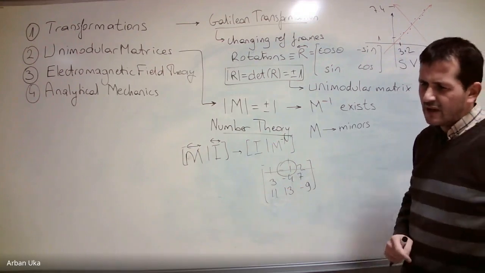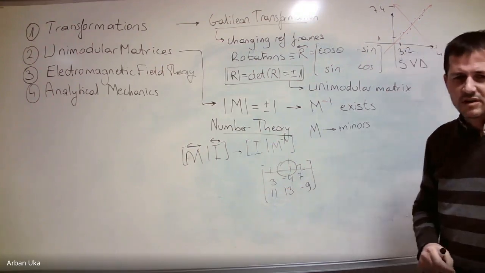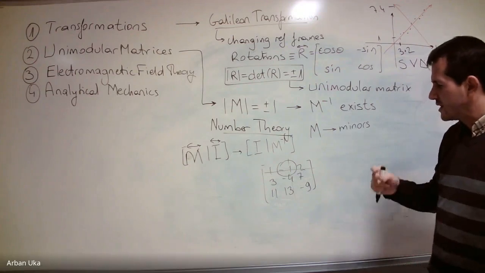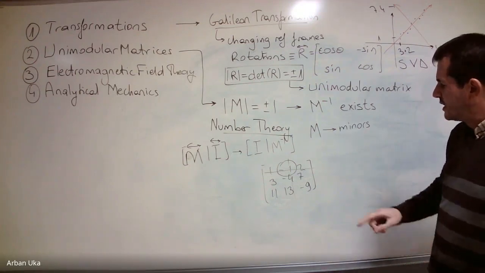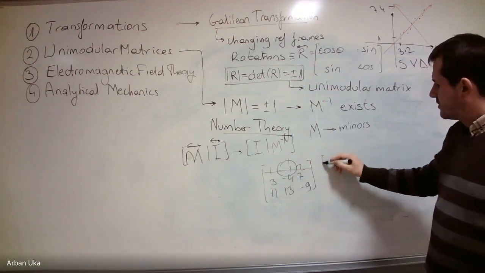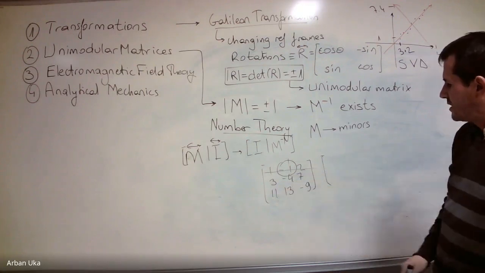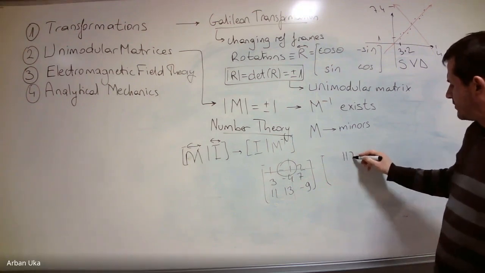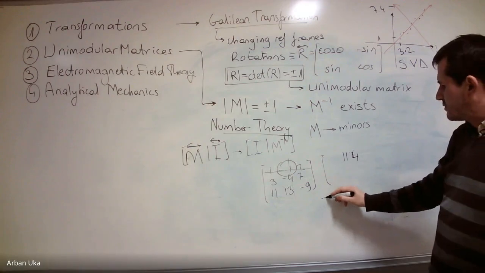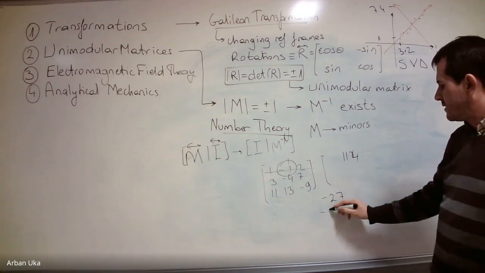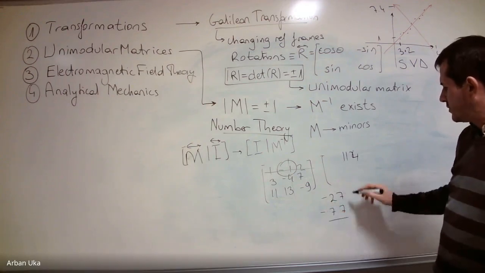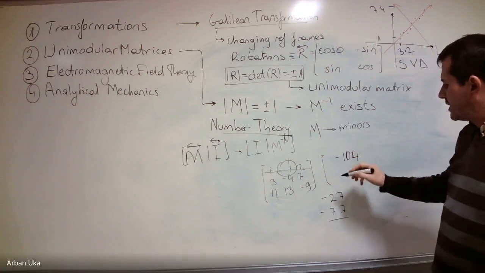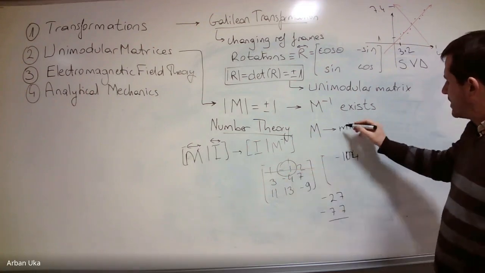These are just things that maybe we don't always memorize. We open a book, say, oh, that was it, and go ahead. So what is the minor of this element? This is 3 minus 27, minus 27, minus 77. We get something like minus 114, I believe. Wait a second, so this is minus 27, minus 77, no, this is 104, minus, and so on. So we find the minors.